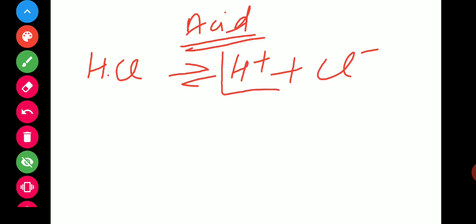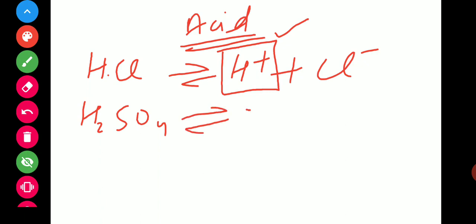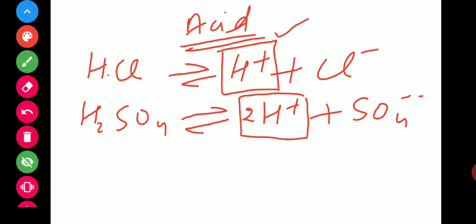So due to the presence of this hydrogen ion, it is an acid. And the second one is H2SO4. Here are 2 H ions and 1 sulfate ion. So it is a strong acid, due to the presence of hydrogen ions.